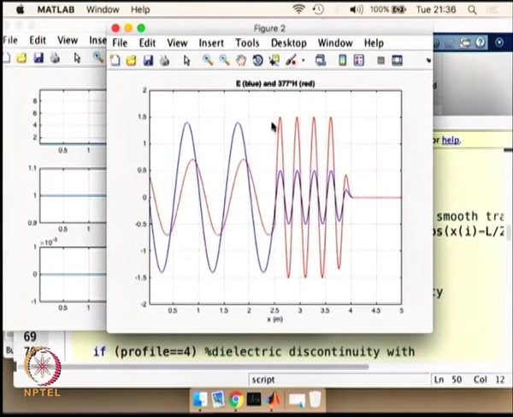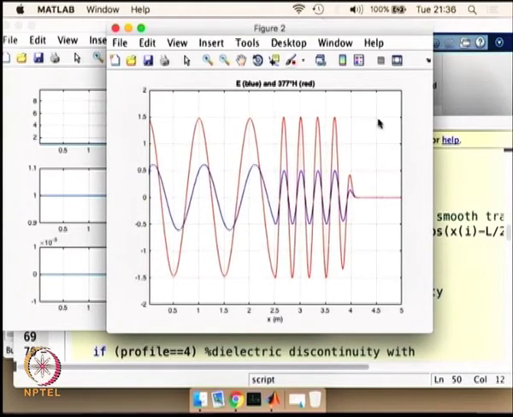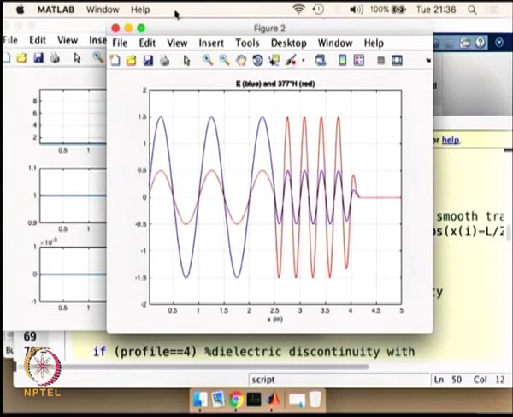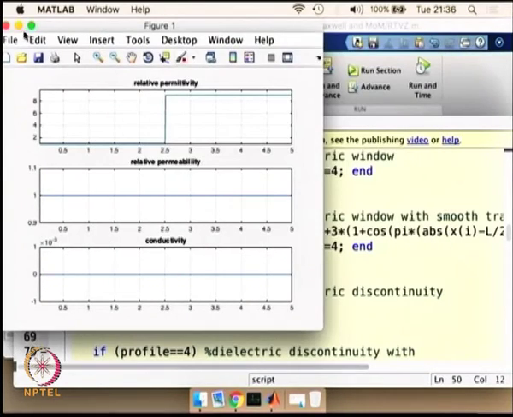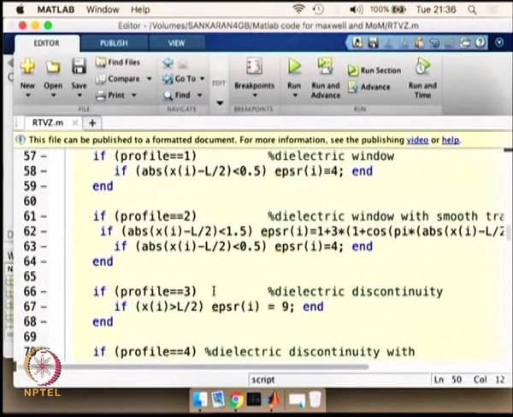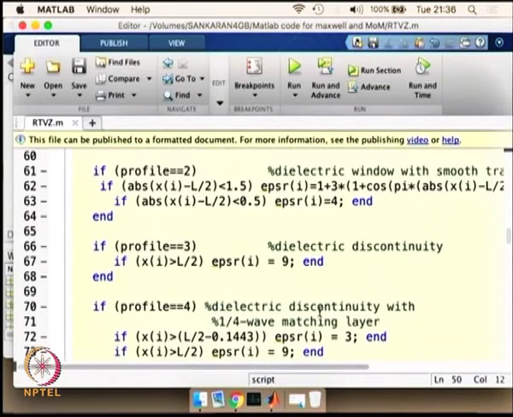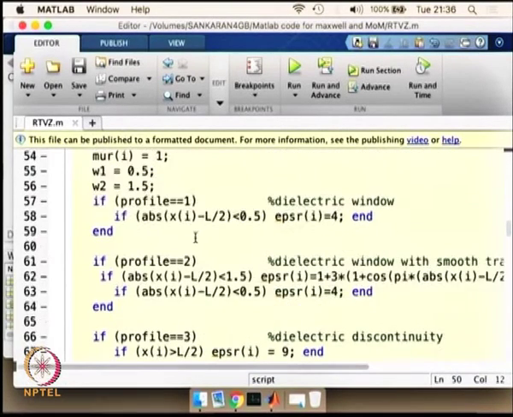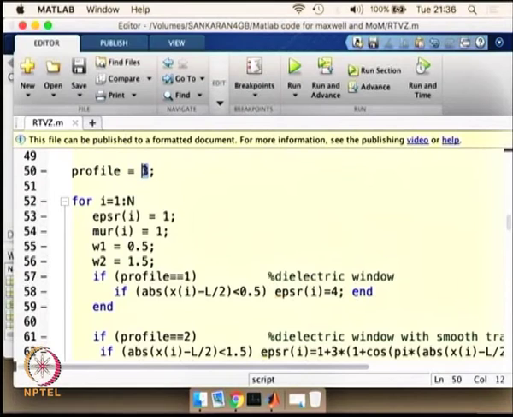So this is an abrupt step function, and we can change this abrupt step function into a dielectric discontinuity with 1/4 wave matching layer. So that means there will be 2 steps instead of 1 step. So if we put profile value equal to 4, this is what we will see.